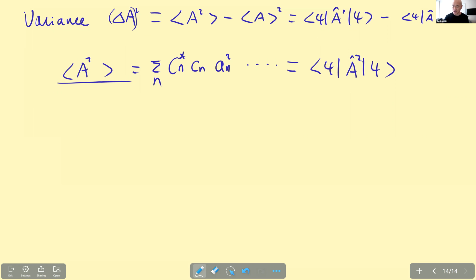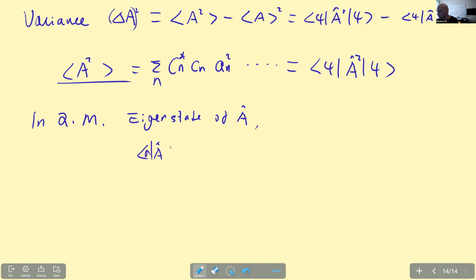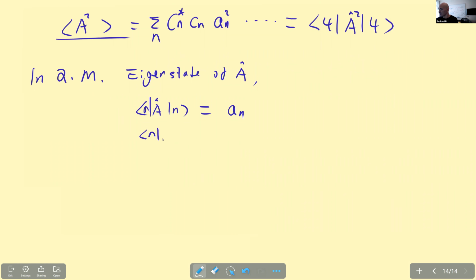The important thing is that in quantum mechanics, you can choose an eigenstate of A, and then ⟨ψ|A|ψ⟩ is nothing but just a_m, right? And what is A squared? This one, of course, is just ⟨m|A A|m⟩, so this equals a_m squared.